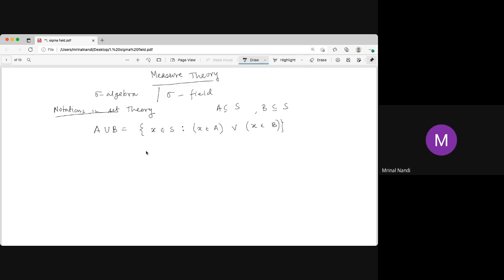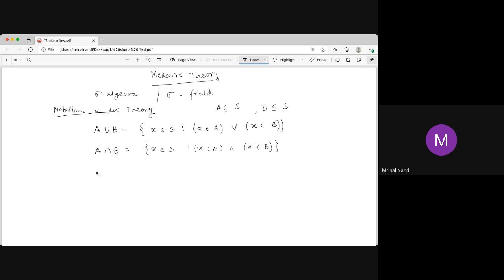And A intersection B is the set of x belonging to S such that x belongs to A and x belongs to B; both must be satisfied. 'And' means both must be true for the statement to be true, and 'or' means one of them is true. If both are true, or one is true and one false, then the 'or' statement is true.